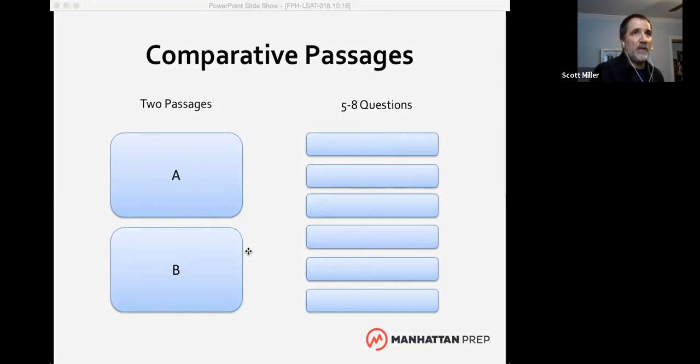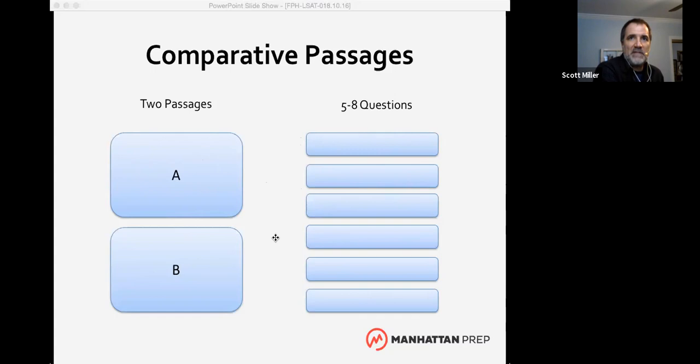Another thing people have tried, and I've also tried this with comparative passages specifically, is to read the first passage, passage A, and then answer as many questions as they can based on what they learned from passage A, even eliminating answers they know are wrong just based on passage A. Then they go back and read passage B and try to answer the remaining questions now that they've read both.